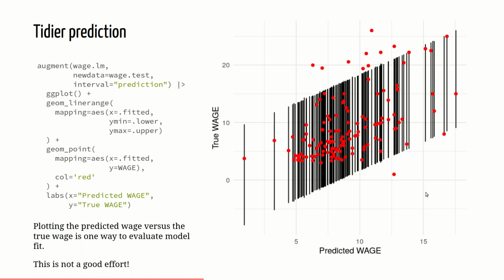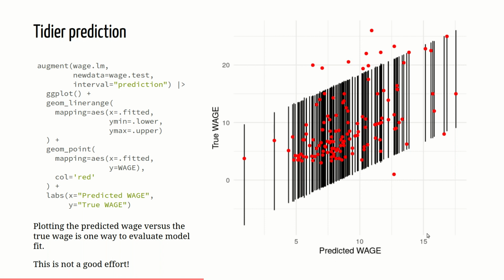So we can see that this is not a good effort at all, for two reasons. The first reason is that what we would be expecting here is a nice increasing trend between predicted wage and true wage. If we just look at the red points, we can see that there's a huge amount of variation here. For a given predicted wage of, say, 12, you've got a true wage that's actually about $1, and then you've got another one which is about $22. So we're getting miles out. We're doing a very poor job, and you can see that the uncertainty is huge as well.